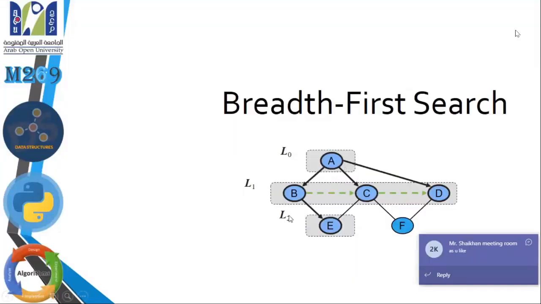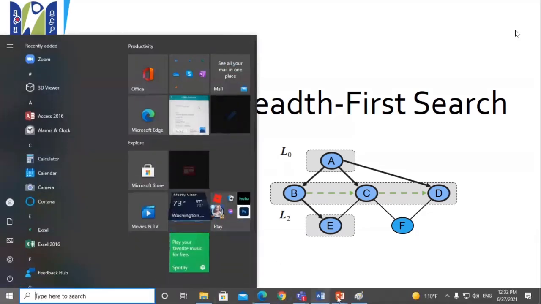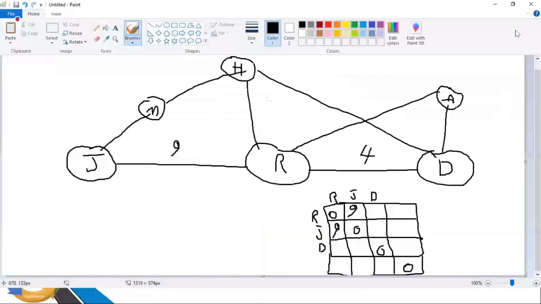If you have a graph like that, A, B, C, D, E, F, I think you still remember when we talked about this. We have A, then B and C, a binary tree.